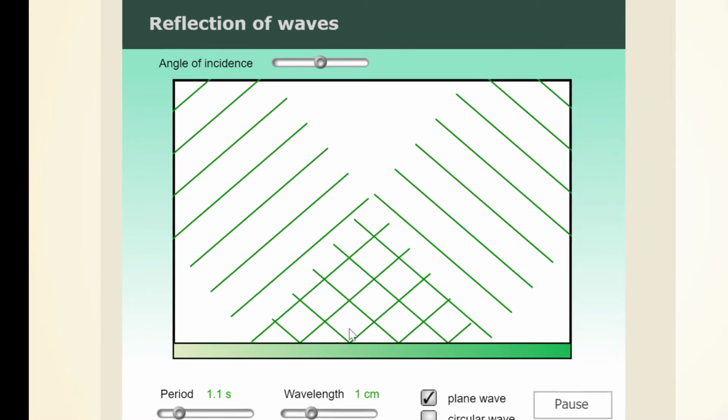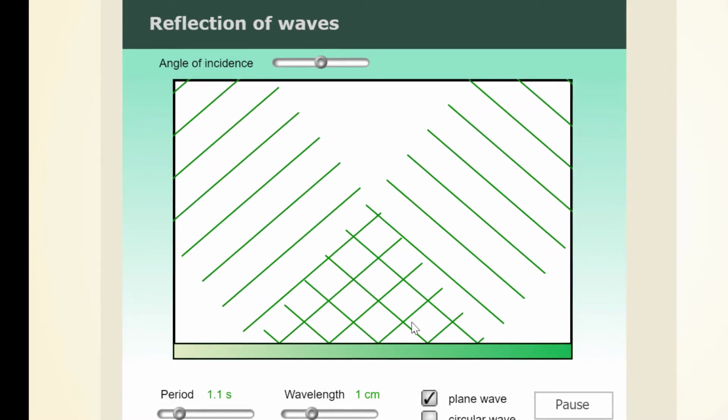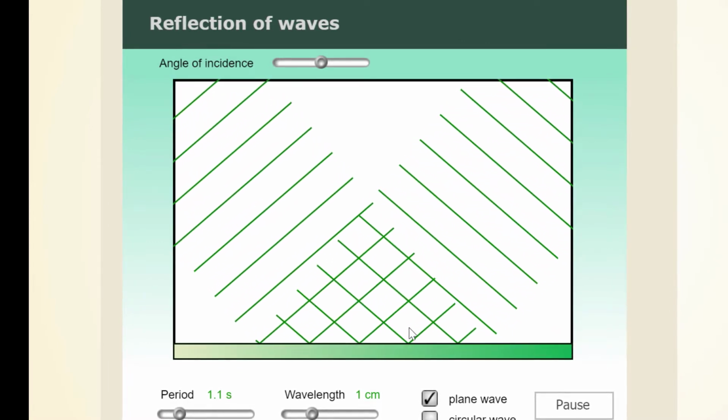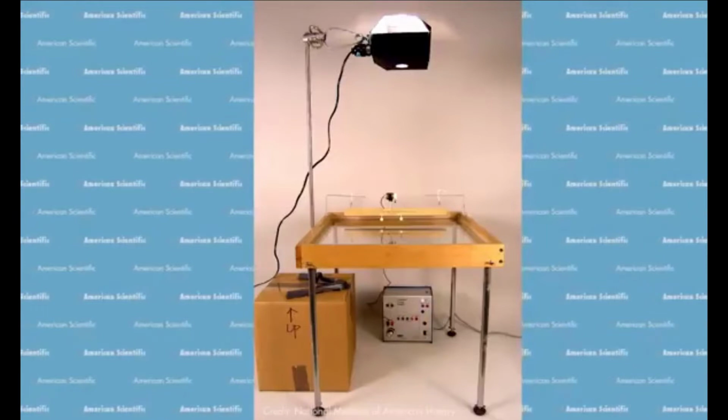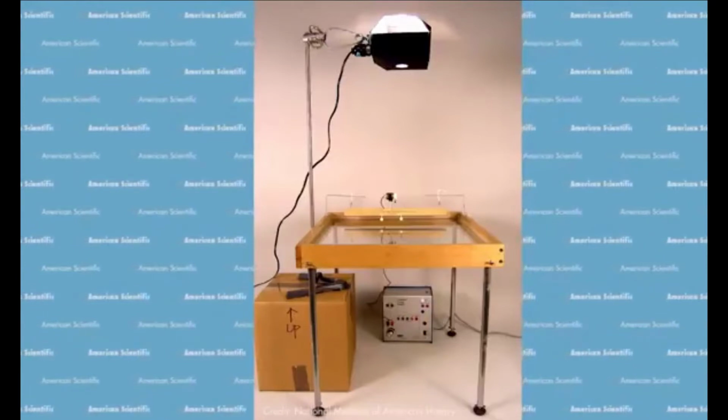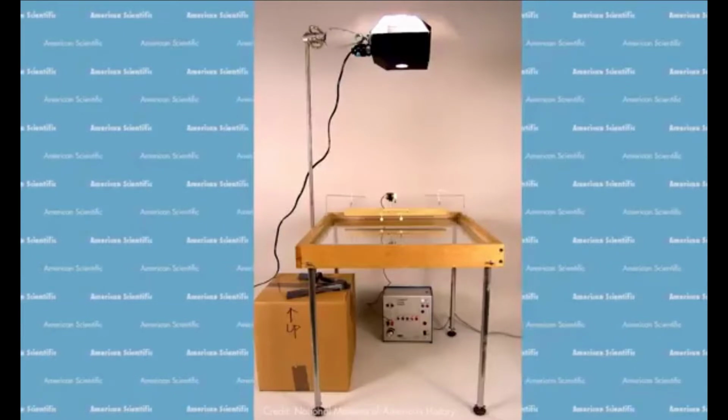And here the angle of incidence and the angle of reflection are the same. This is an online simulation, but you can have a look at this in the lab. We can use a ripple tank to observe this.